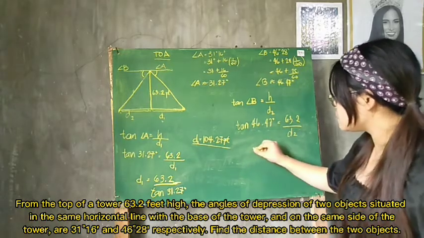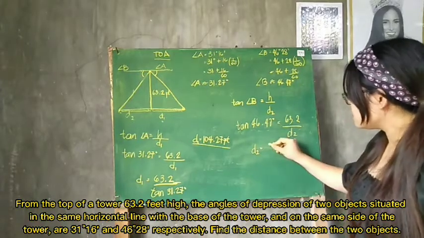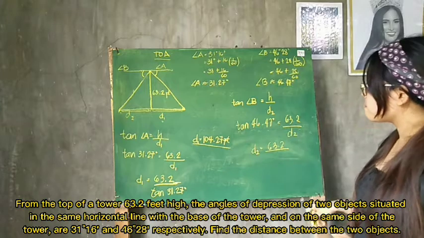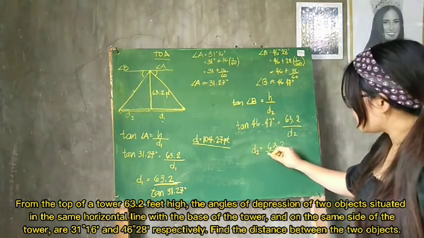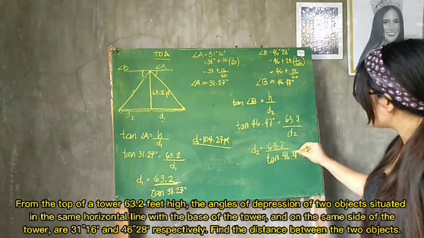So our distance 2 is equal to 63.2 over the tangent of 46.47 degrees.